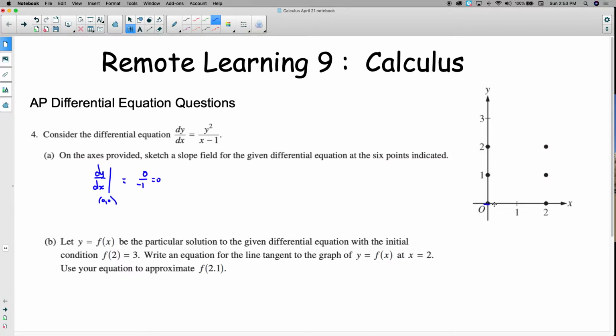So that part of the slope field is done by that. Okay, so then I just keep on doing that. And I'll write these down and move quickly. So let's see, the next one, I'm going up. That would be 0, 1. Just be careful where you're putting things. I'm putting 0 in the x spot, and I'm putting 1 up there in the y spot, and that gives me negative 1. So there's that slope.